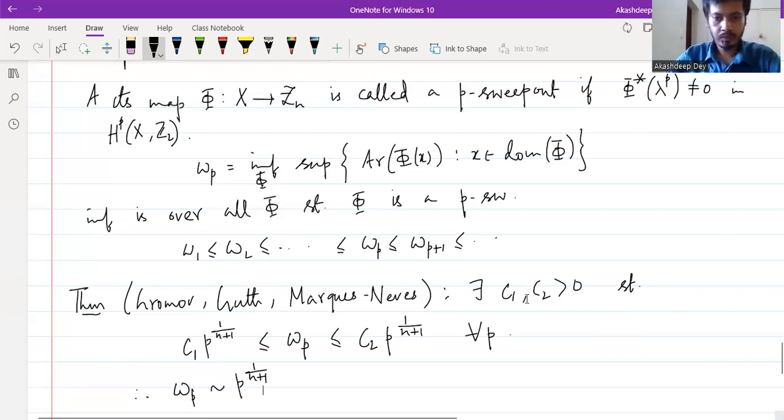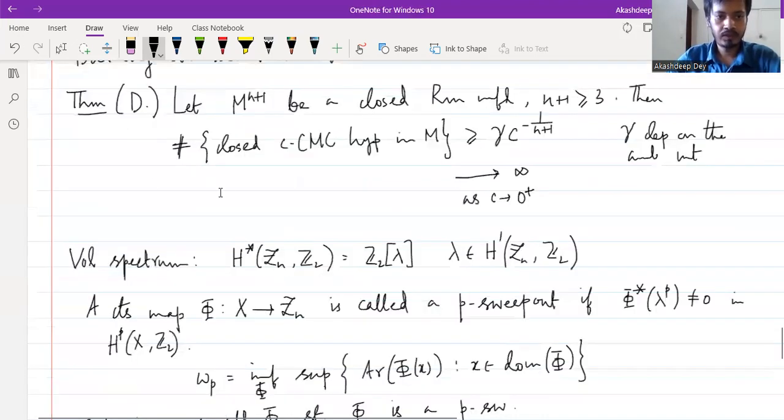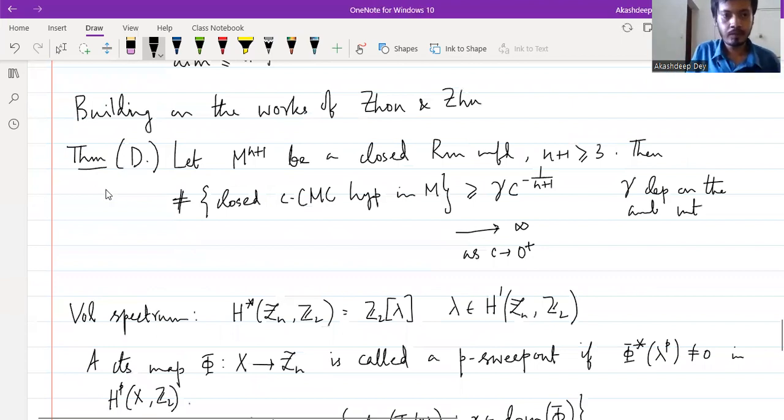So we use the properties of this volume spectrum omega_P to prove this theorem. Let us call this theorem 1.